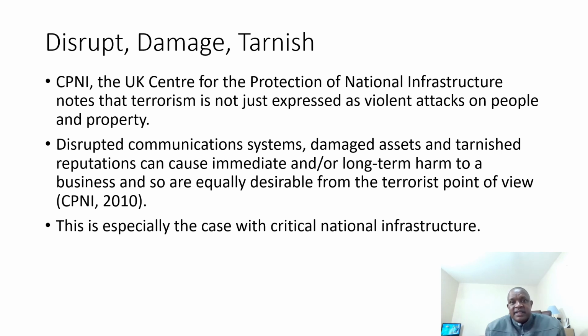And you remember that the attack damaged his reputation a little bit, and even the reputation of the president himself, because most people said they didn't know what was happening. The information that they were sharing through social media was false information. So terrorism tarnishes reputations of security agencies, of the government, and of state officers.